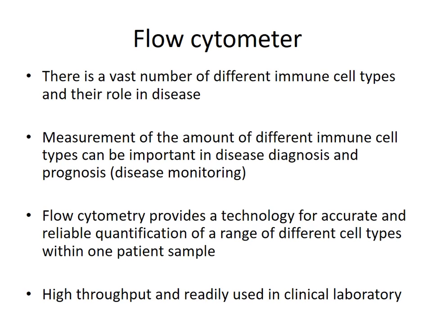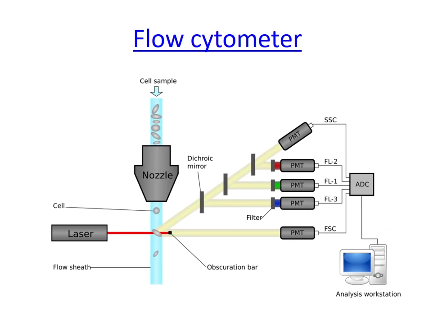And the best aspect of flow cytometry is that it's high throughput, that is, we can use it in the lab on a day-to-day basis, and that's what enables it to be used in the clinical laboratory. If it was cumbersome and low throughput, it just wouldn't have a place in a biomedical scientist lab.